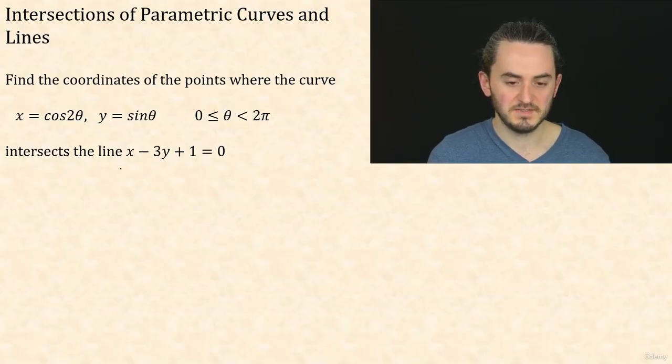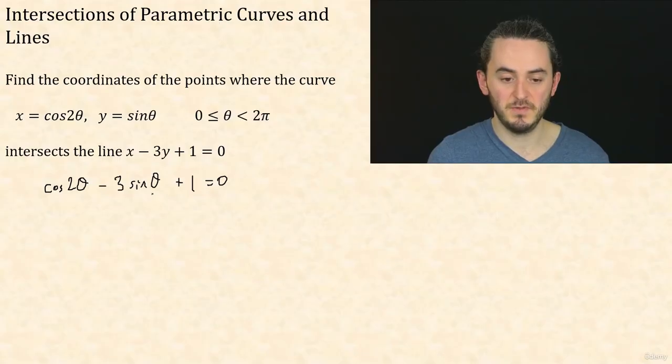Take a look. I'll take my line. It begins with x, so I'll replace x with cos 2 theta, and then it's minus 3y, and I'll replace y with sine theta, and there's still a plus 1 and it equals 0. So my job is now to solve this.